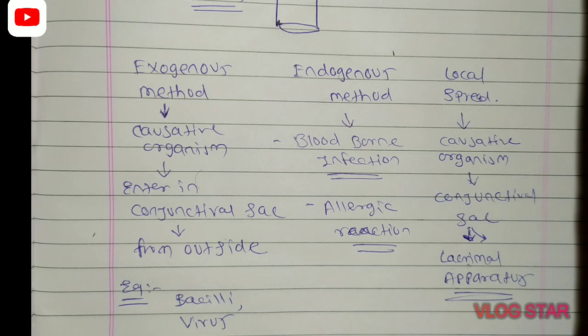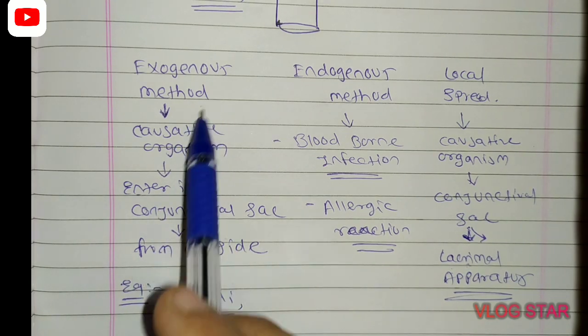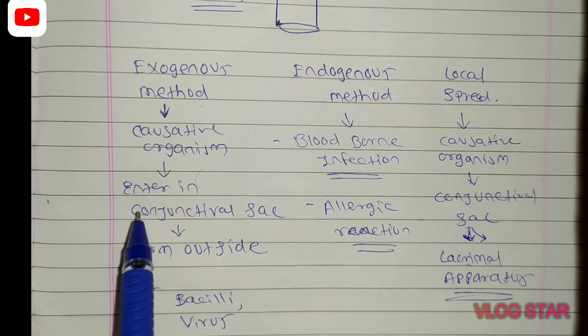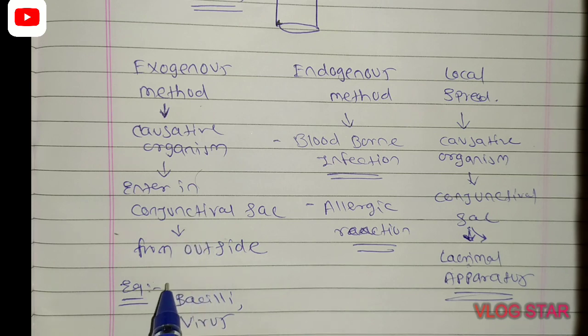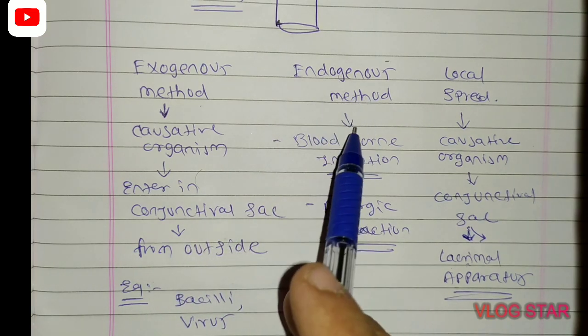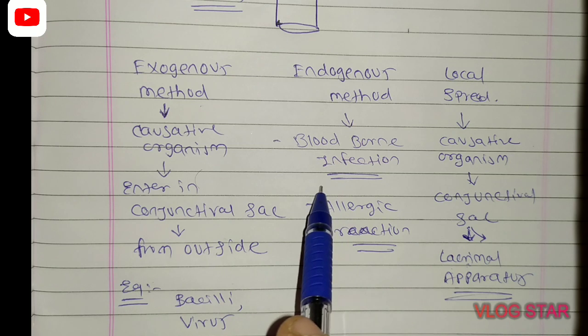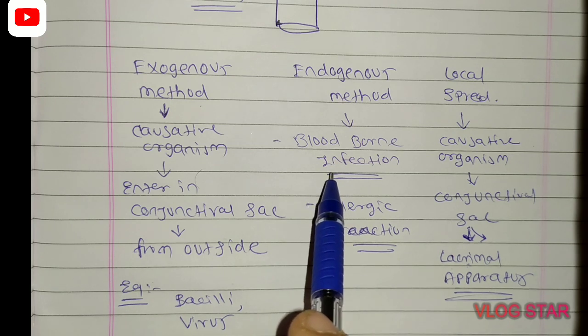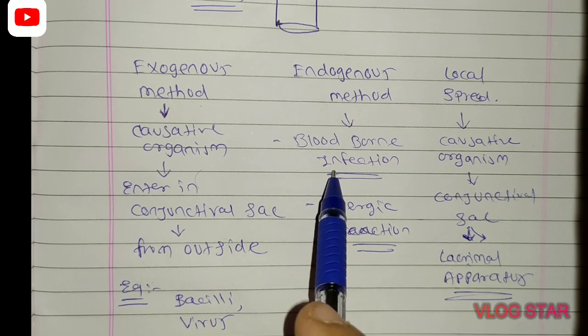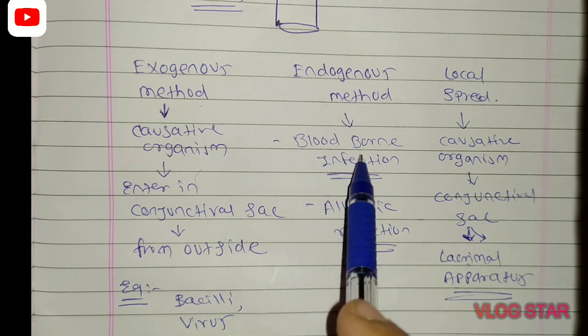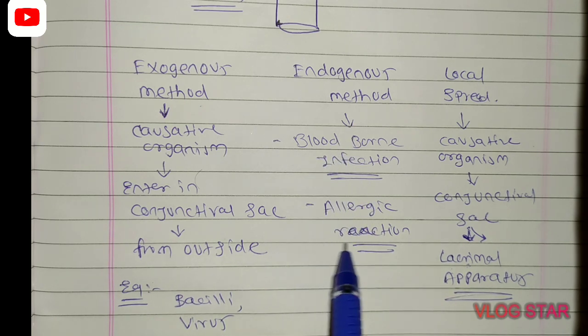So let's recap. In this exogenous method the causative organism enters into the conjunctival sac from outside. In the endogenous method there will be a blood-borne infection, that is the infection is already present in the blood, or it may be an allergic reaction which causes the infection.